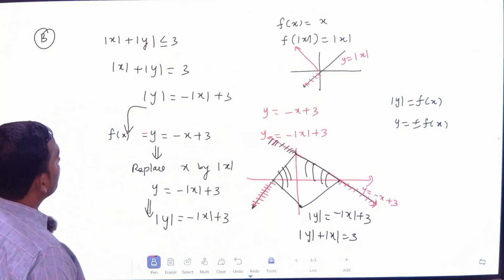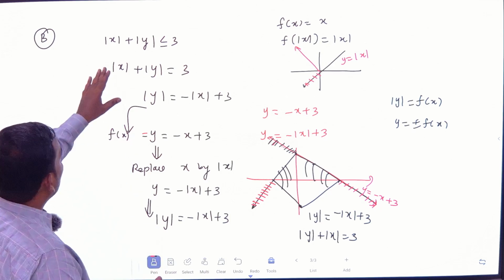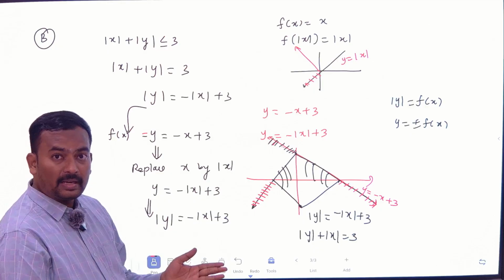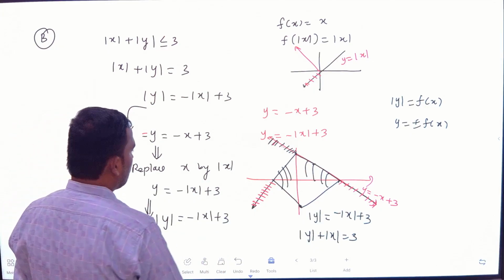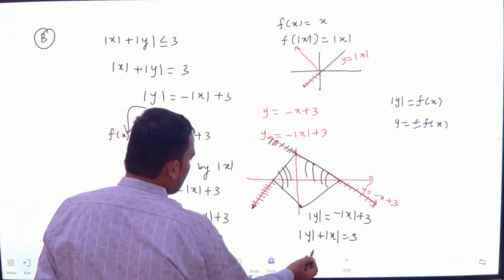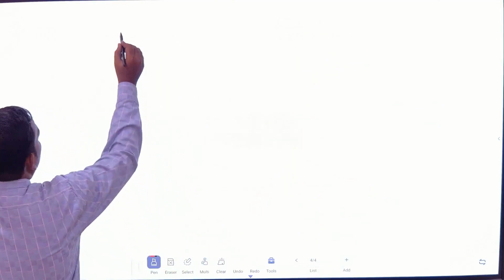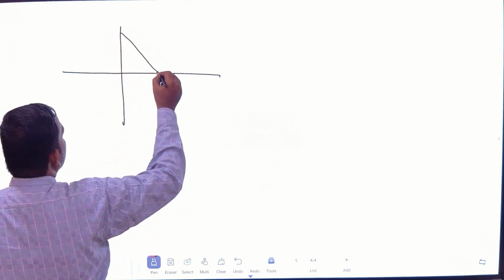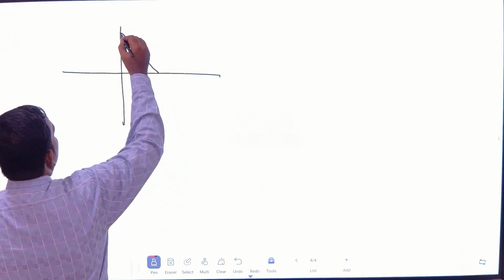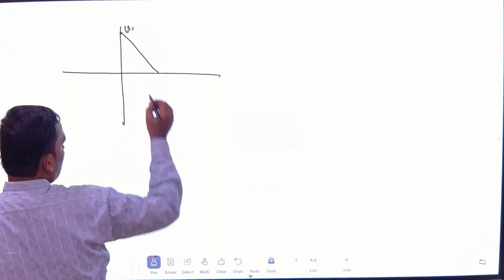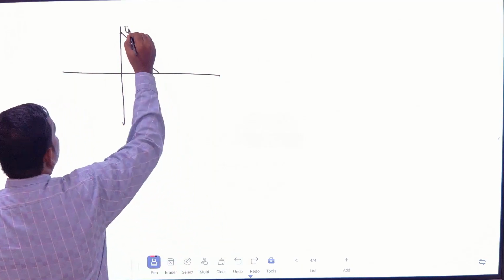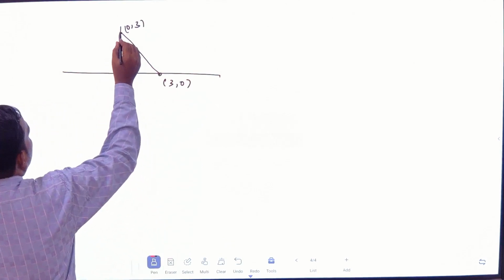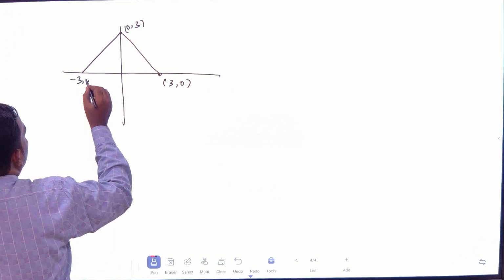So what actually is required? Less than 3 is required. Mod x plus mod y less than or equal to 3. That means on the boundary and inside region also you have to take. Understood? Therefore, you can see the complete graph. This is your 0 comma 3, right, this is your 3 comma 0, and this one will be minus 3 comma 0.